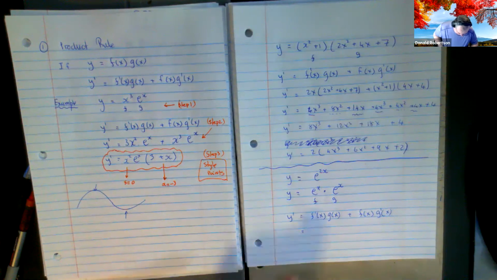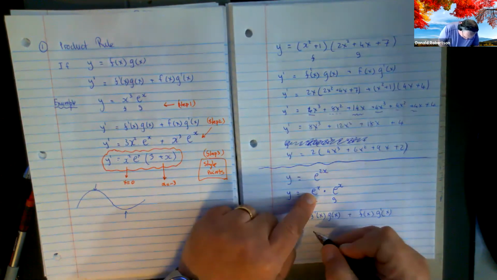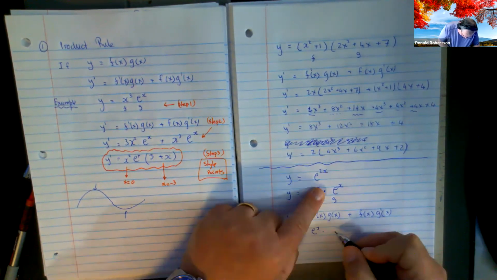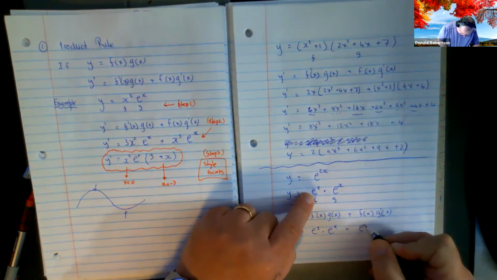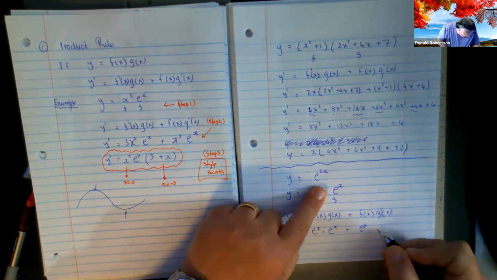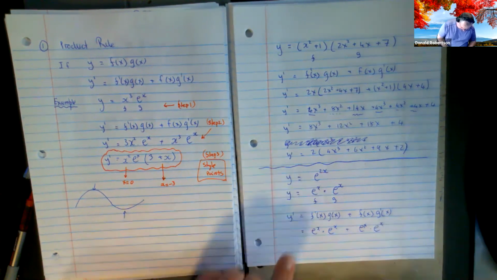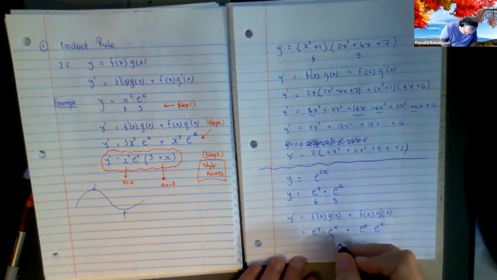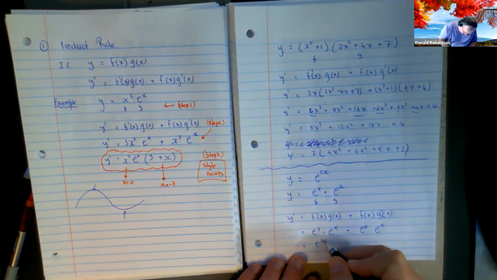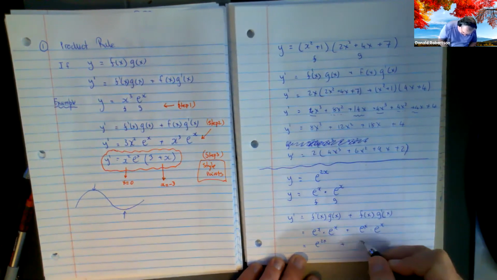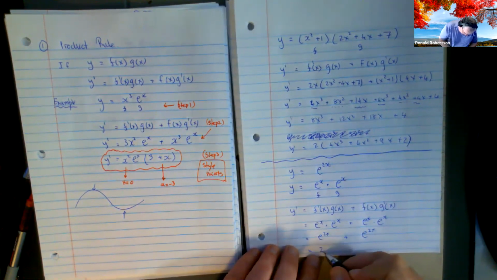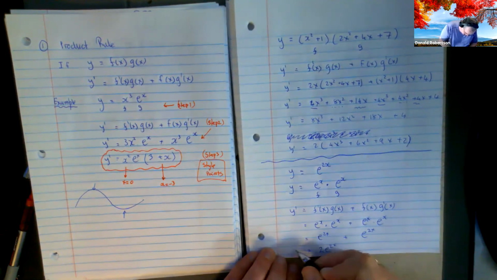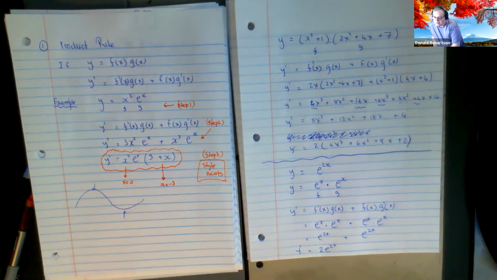And it's the same thing going on here. Because the derivative of f is still e to the x, the untouched g is still e to the x, the untouched f is e to the x, and the derivative of g is e to the x. And these two can now combine to give you e to the 2x, and these two combined to give you e to the 2x, and then you put them together, and there is your derivative, collecting like terms.